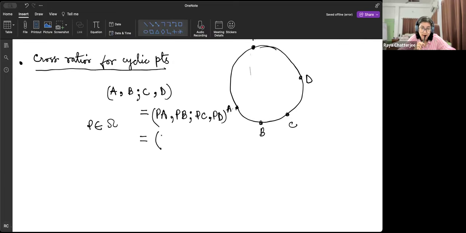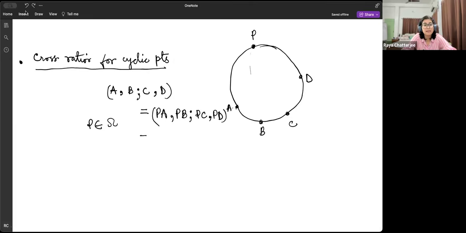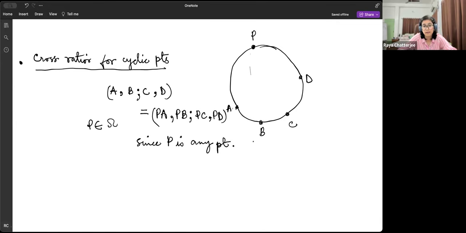Wait, okay, can I say that? Okay, no, it doesn't matter. So the claim that I'm making is since P is any point, the cross ratio is independent of P. And that makes sense actually, right?